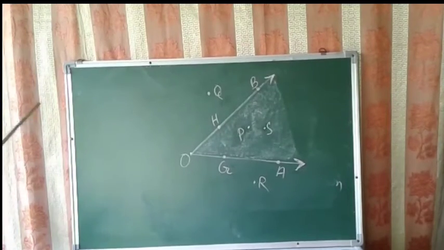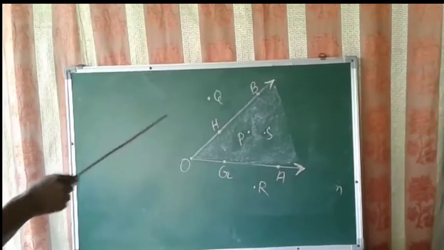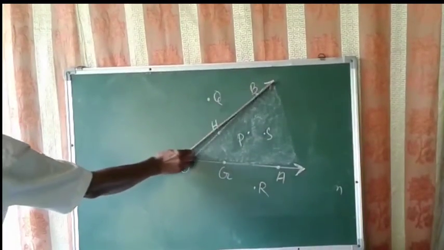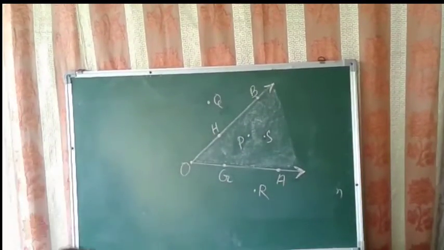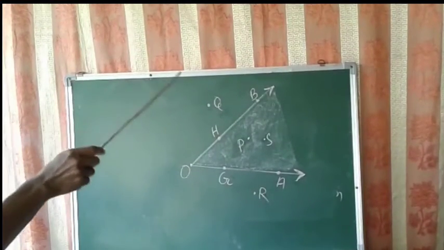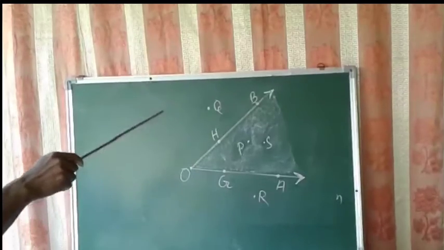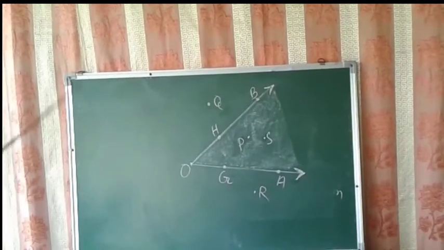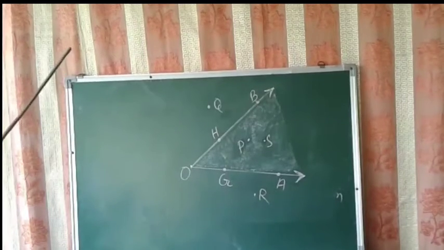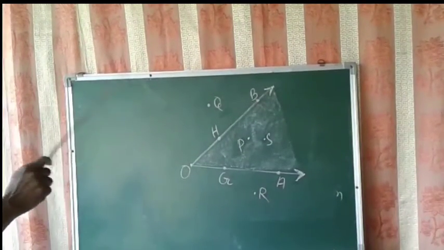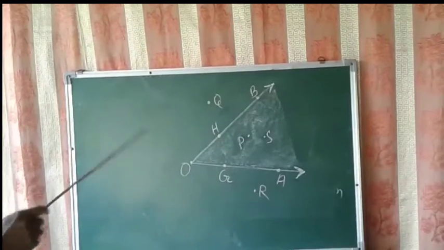What is exterior region? The part of the plane which is outside the arms of an angle produced indefinitely is called the exterior of the angle.